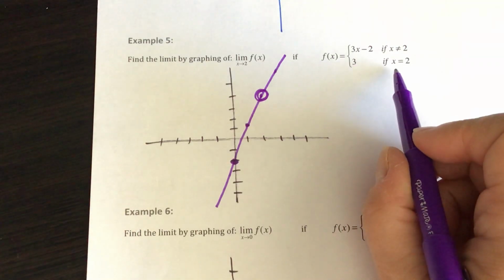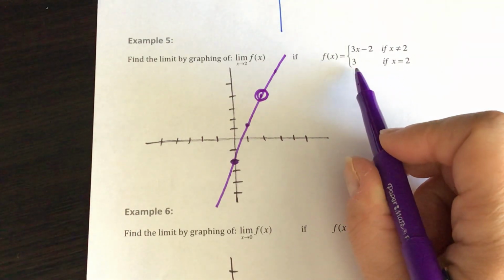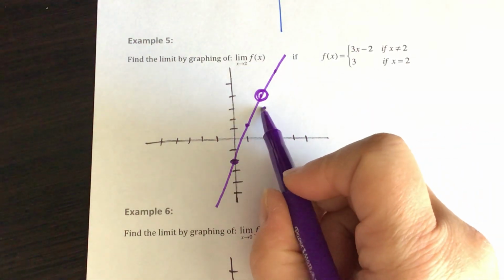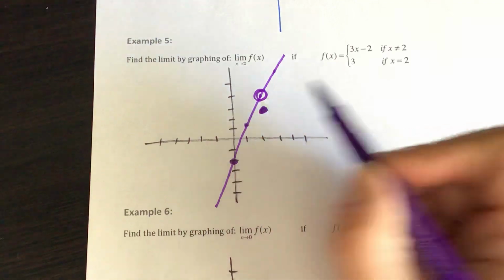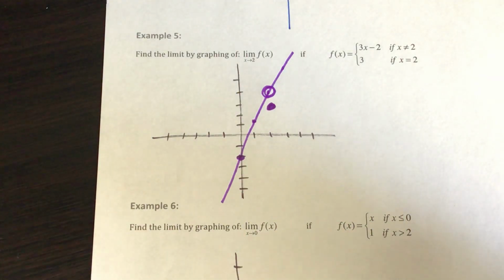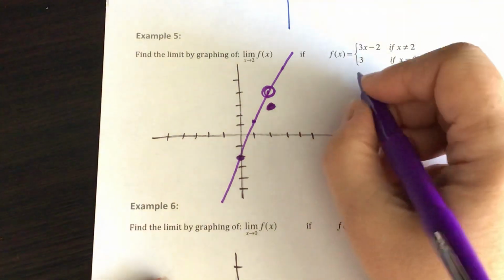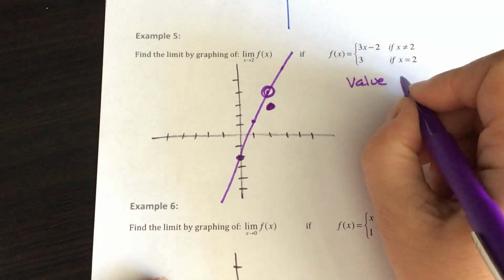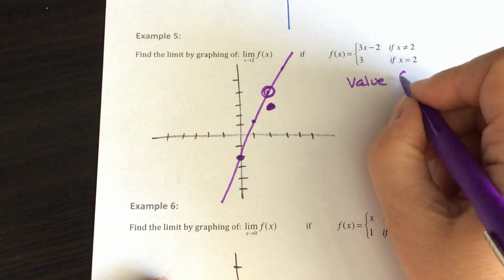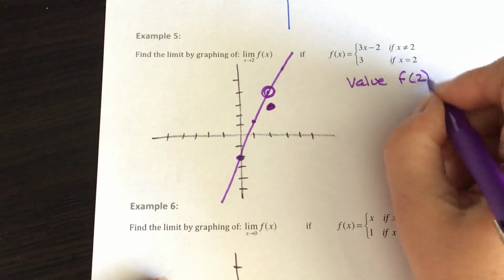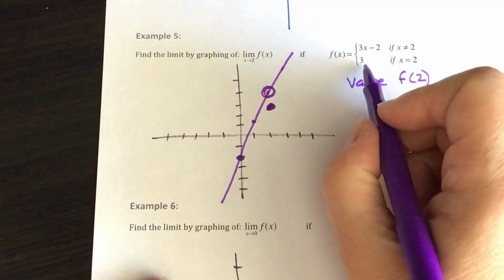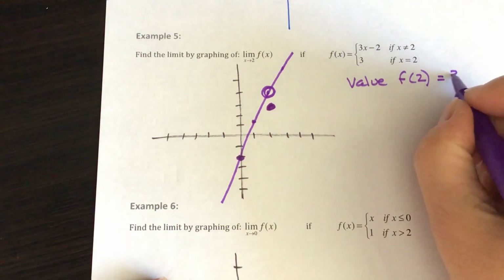At 2, the value is 3. So over 2, up 3. So this is what this graph looks like. If I wanted to find the value of f of 2, that's the exact value. That means if x is 2, y has to be 3.